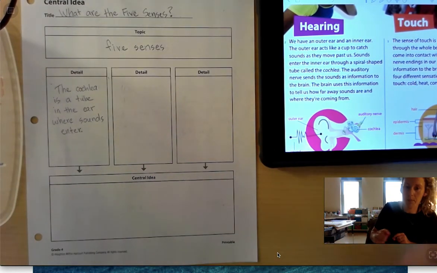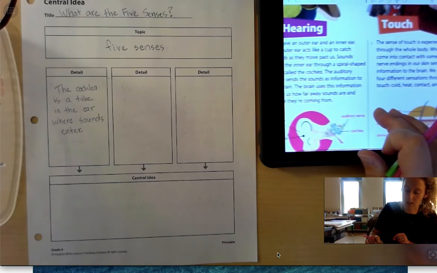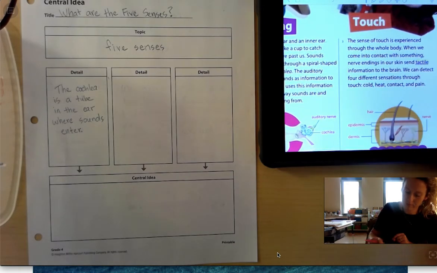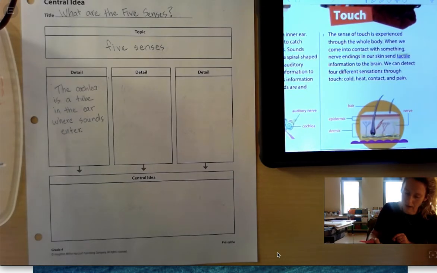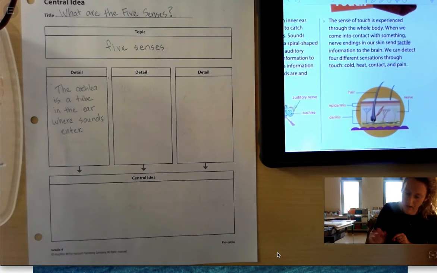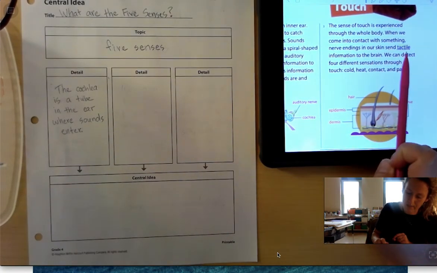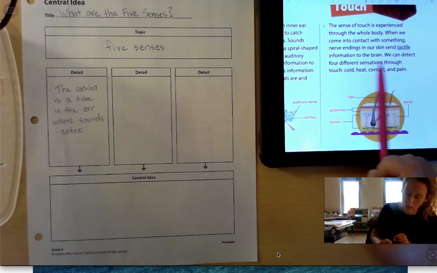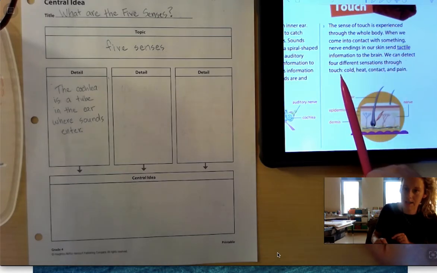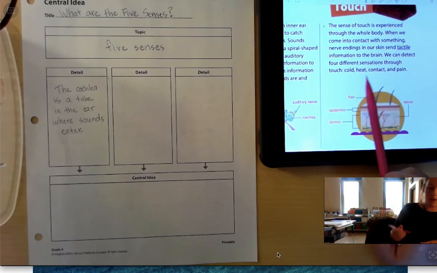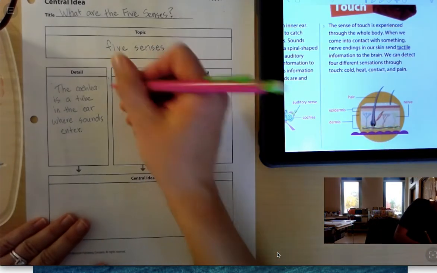I'm going to skip that section and go to another section. Let's see. Okay, tactile. I'm going to use this one. We can detect 4 different sensations through touch: cold, heat, contact, and pain. So I'm going to use that detail, but I'm going to write it in my own words.